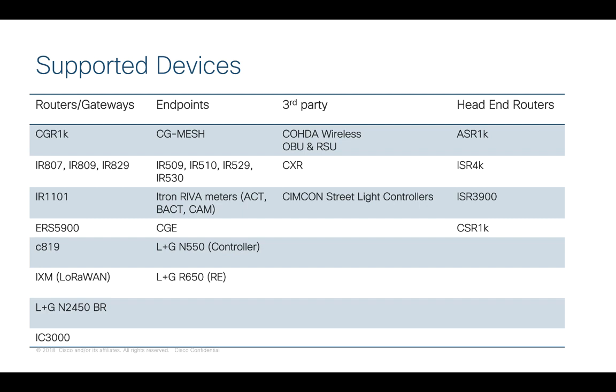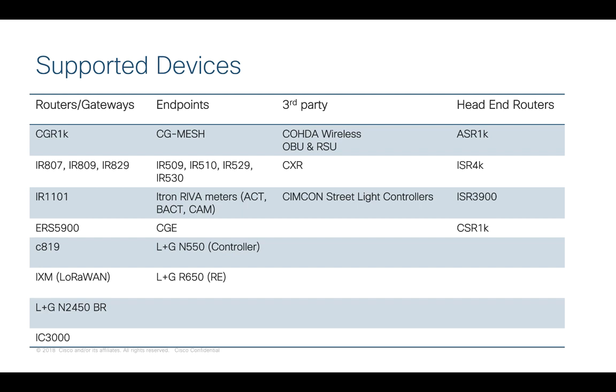On the endpoints, FND supports the CG mesh, which is mostly the smart meters, the IR500 family, IR509, 510, 529, 530, Itron, Riva meters, ACPACT Chem, any CGEs, LNGs N550 and R650, both new to FND 4.6.